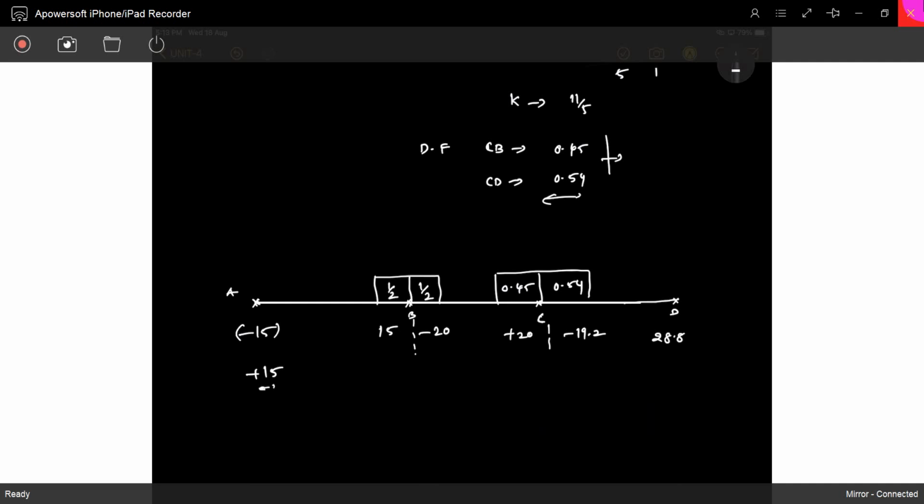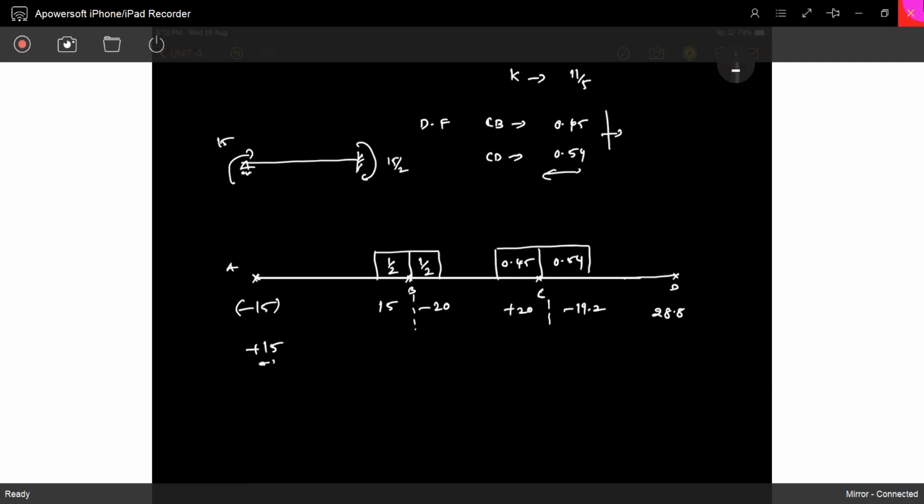It's an intermediate end, so it receives half the moment. I already said it's the carryover factor. If 15 is applied, it receives 15 by 2. What is that value? 7.5 in the same direction.